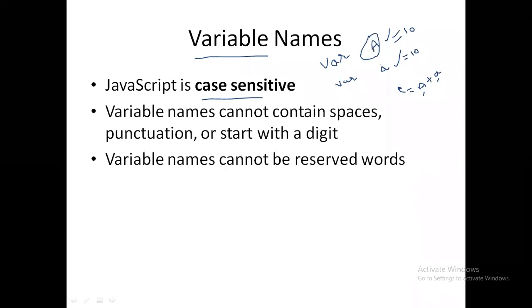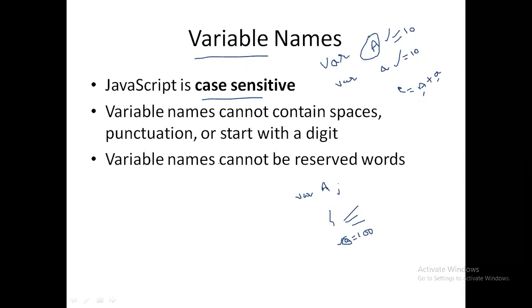Suppose I have declared the variable a, and somewhere later in my program, I write some code and then say A is equal to 100. Then it will say that this A has not been declared by you. So it is case sensitive.